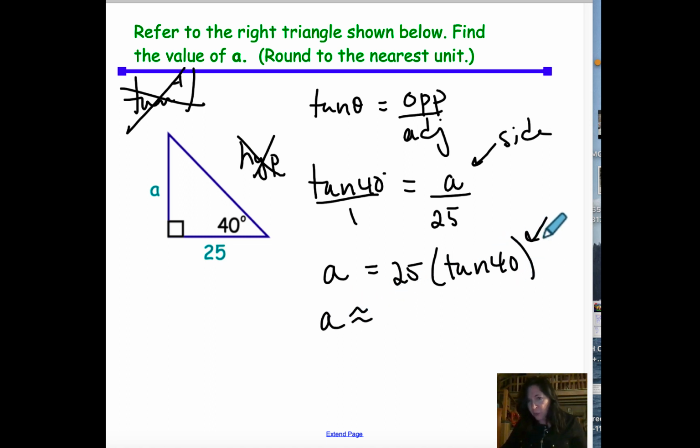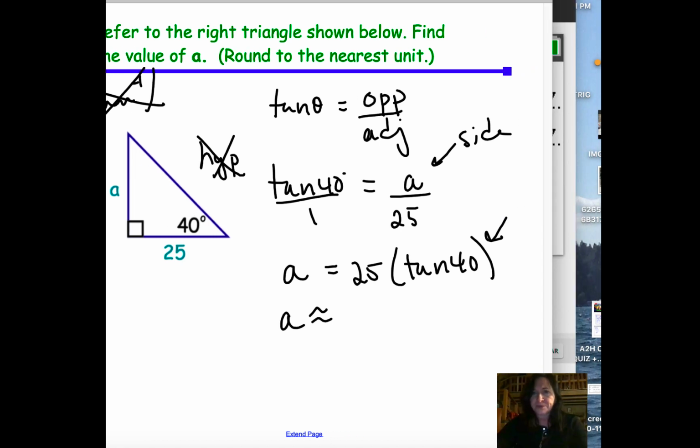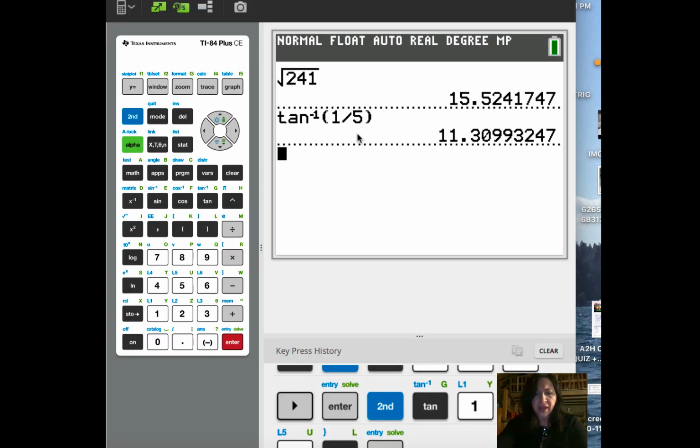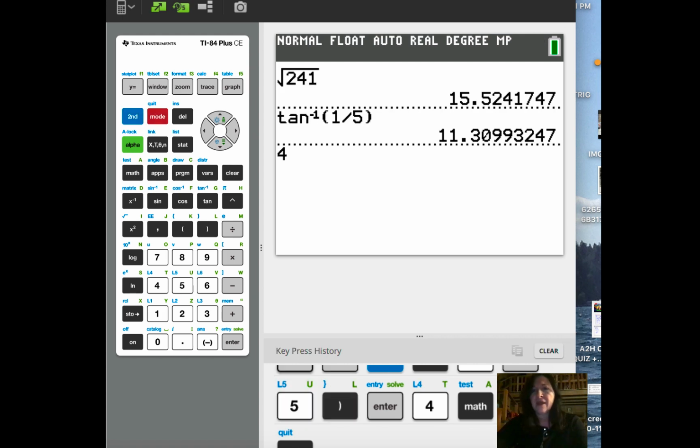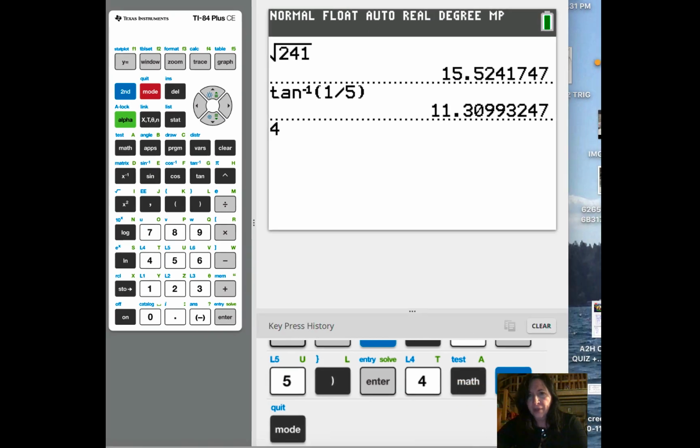See this tangent of 40? That is rounding off. So using the calculator, let's see, we're going to say tangent. Whoops, that didn't work. Let me quit out of that. Let me go back to my question. What am I trying to find? Tangent of 40 times 25.